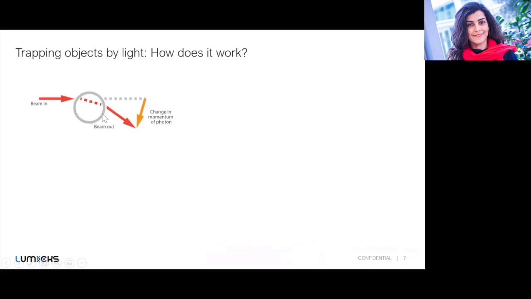When you have a bead, for example, in the path of the light, when light gets in and out of the object because of the refraction, the direction of the light changes, and this makes a change in the momentum of the light. And because of the conservation of momentum, the bead also feels the same amount of momentum in the opposite direction. And this is the principle that is used in optical trapping.